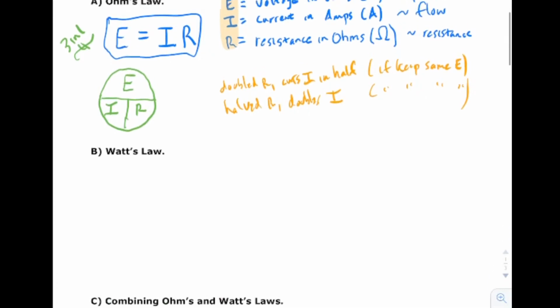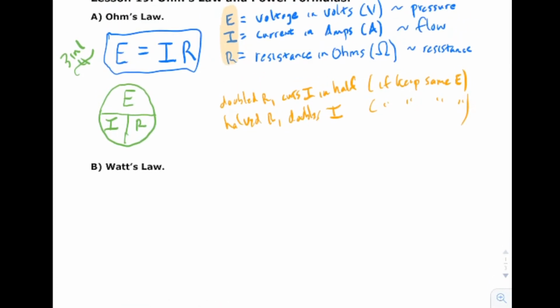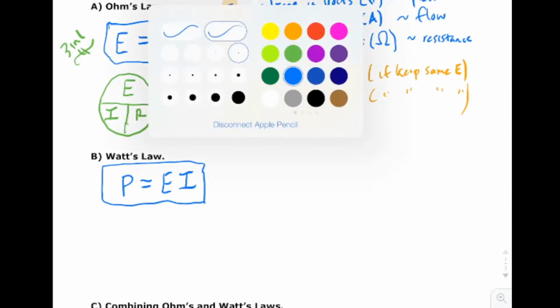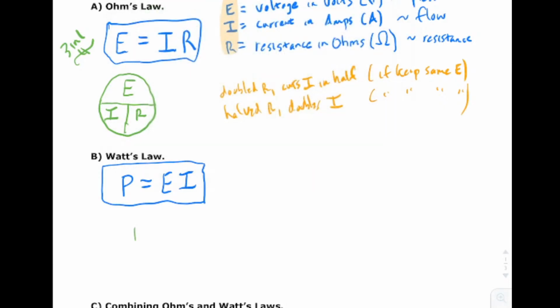Here's 3 more. They come wrapped up in what's called Watt's law. Pretty sure it's called Watt's law. It goes like this, and it has to do with power. Power, it turns out, is what you get when you multiply voltage times current, P equals E times I. You might notice right away that we could do one of those circles: put the P here, the E here, the I here.